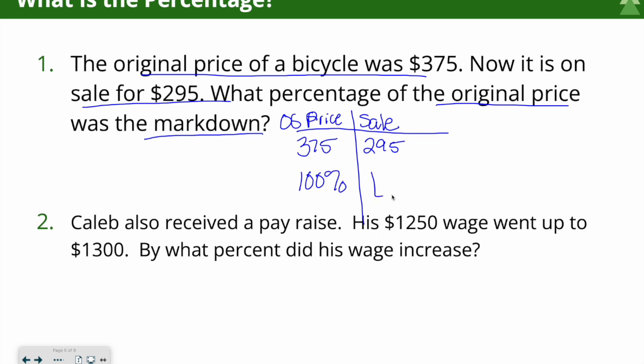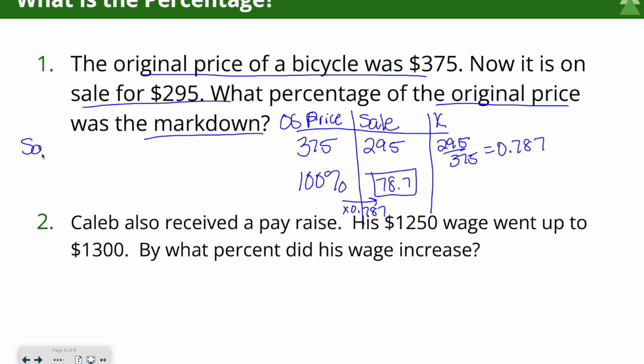Original price is 100%. Find our constant of proportionality, 0.787. Multiply that by 100, and we end up with 78 7/10%.